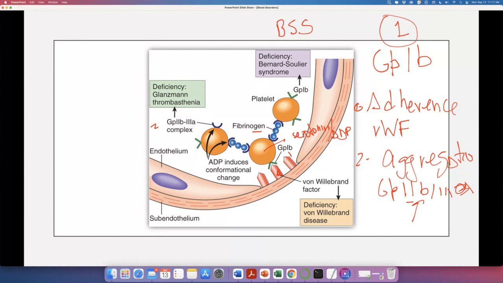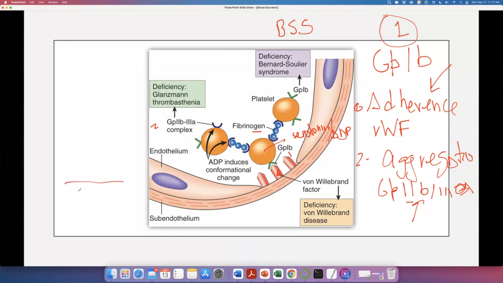Notice that von Willebrand disease and Bernard-Soulier syndrome both affect the adherence of the platelets, while Glanzmann thrombasthenia affects the aggregation of the platelets. And this also has implications for the therapy of the patients.